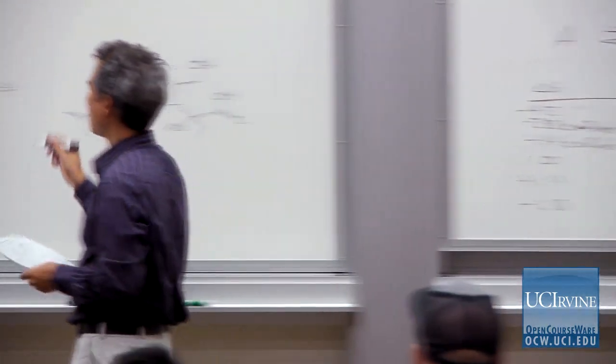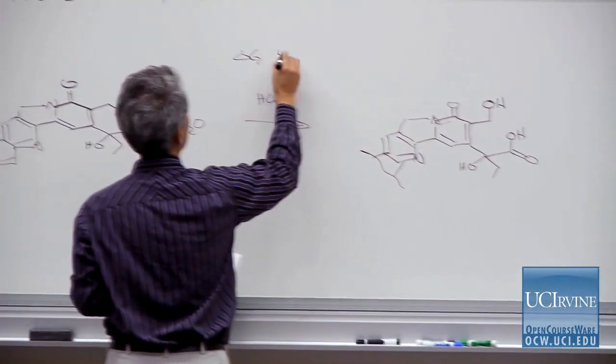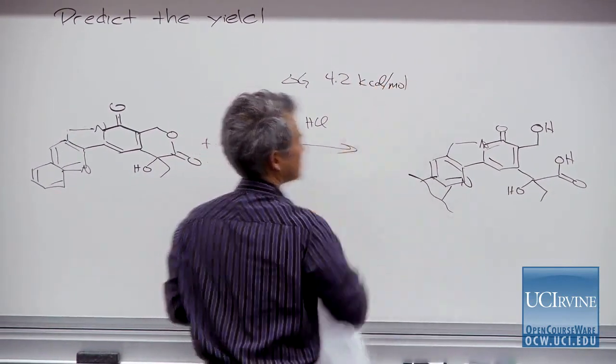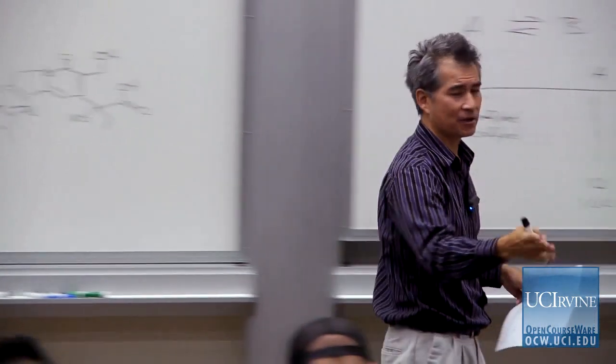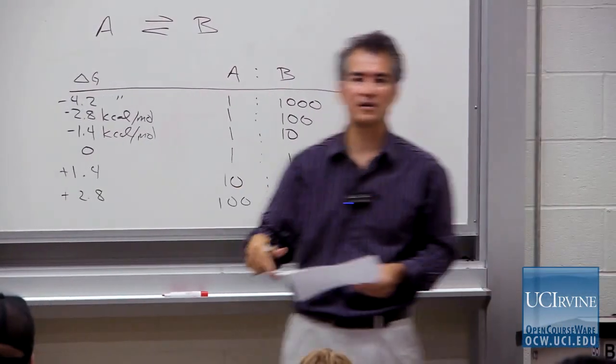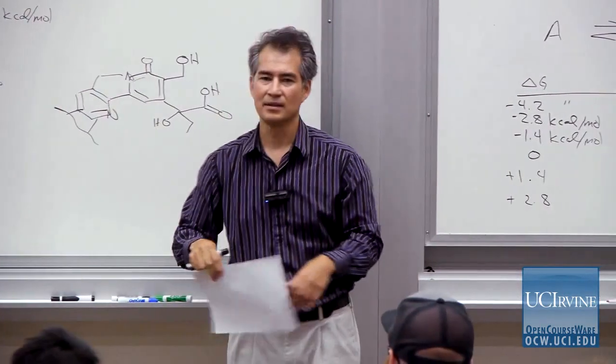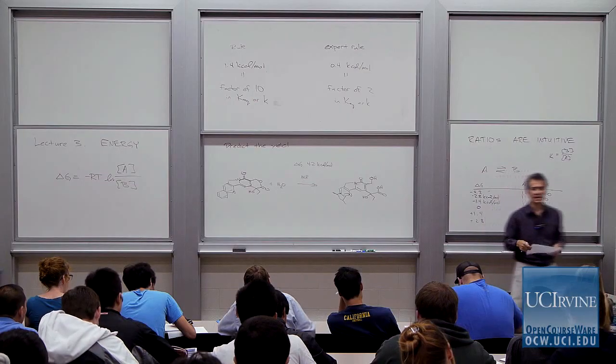I can tell you right now that the free energy change is this. And why would you want to hydrolyze that open? It turns out that if you don't, it's not soluble. It has very poor solubility. You can't administer this particular derivative of irinotecan as a drug.